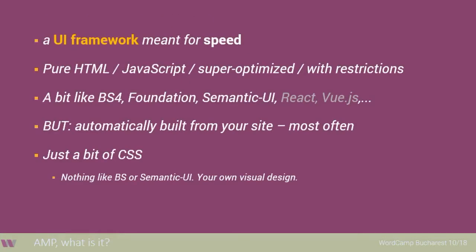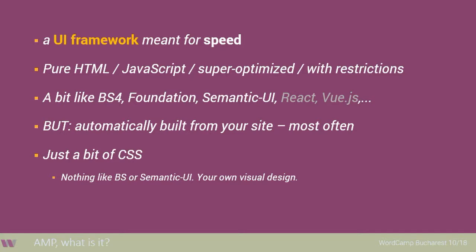Now, a more formal definition of AMP would be, from where I stand, it's a UI framework. It's a set of components that you can use to build web pages.